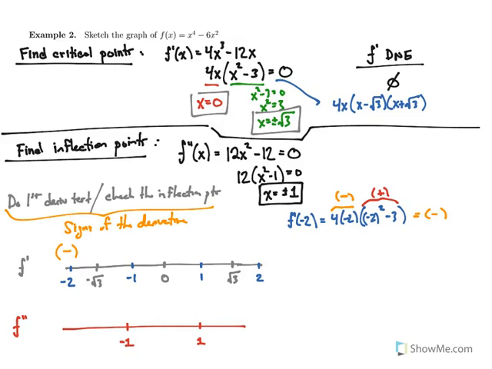Check the same thing for -1. We're going to have a negative number times -1 squared minus 3 is a negative number. This is negative times negative, which is positive.